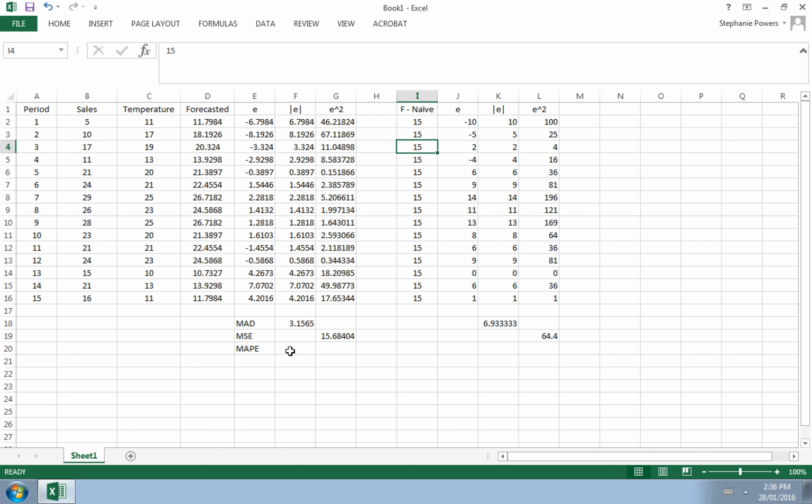So let's look at the MAPE method. The mean absolute percent error for measuring forecasting error finds the absolute percent error. So we're going to use the absolute values, but now we're going to take that absolute value and divide it by the actual amount.